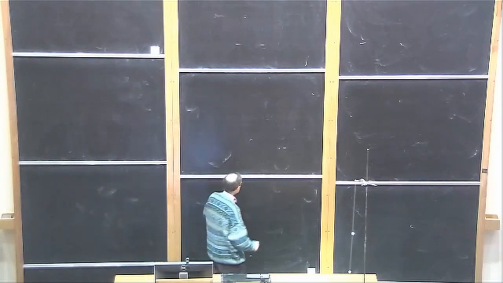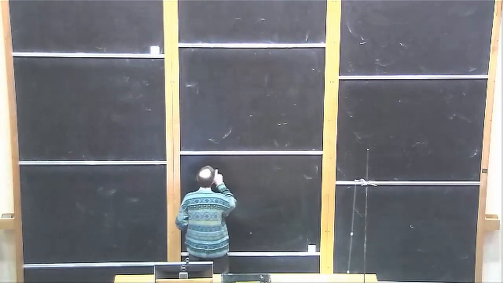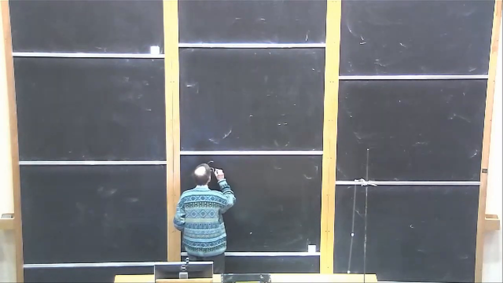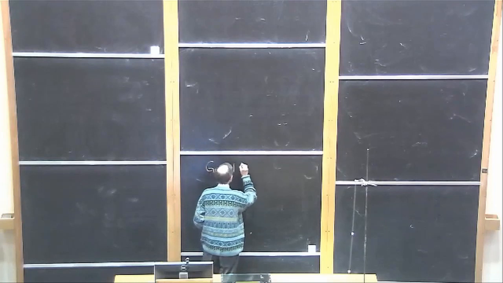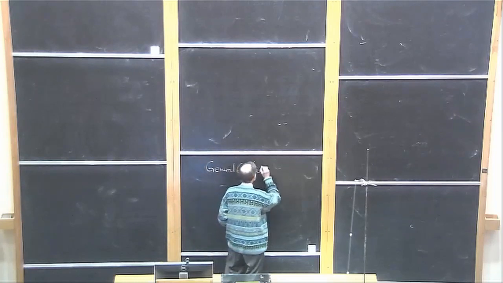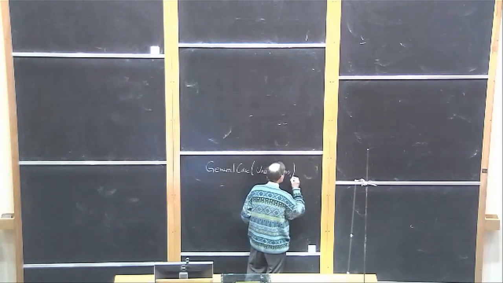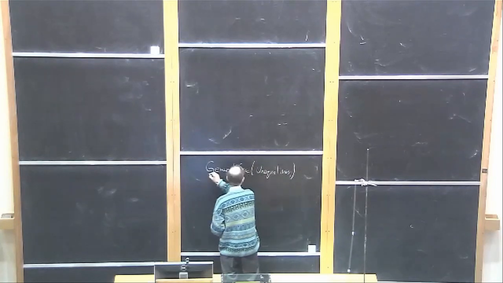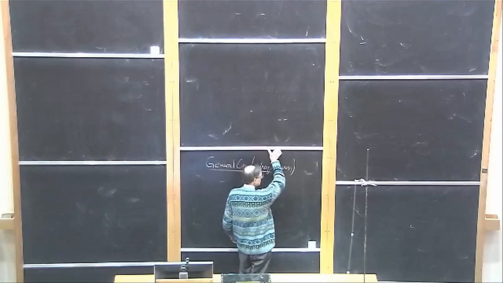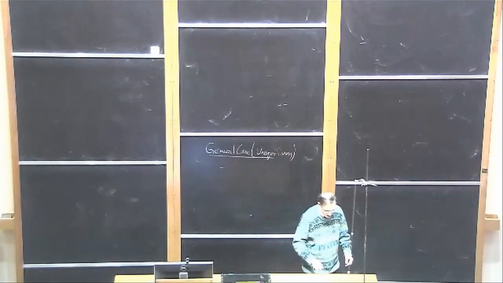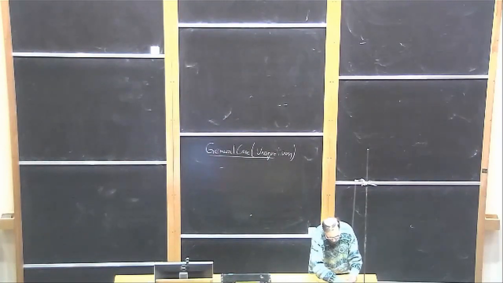So the first example I want to talk about is the general case, which is more unequal mass. And the system I'm going to be looking at is the one without the coupling spring at the bottom.